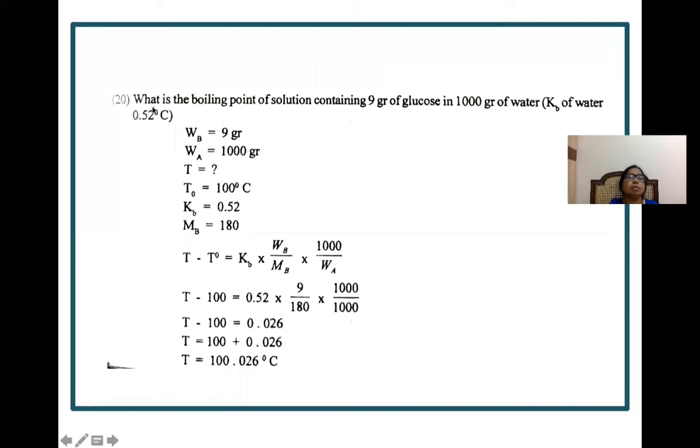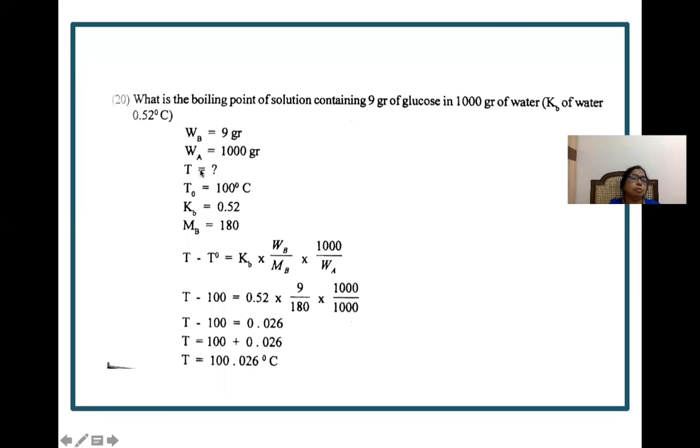Next problem is: what is the boiling point of the solution containing 9 grams of glucose in 1000 grams of water? Kb of water is 0.52 degrees centigrade. So the weight of the solute is 9 grams. The weight of the solvent is 1000 grams. These are given in the problem.